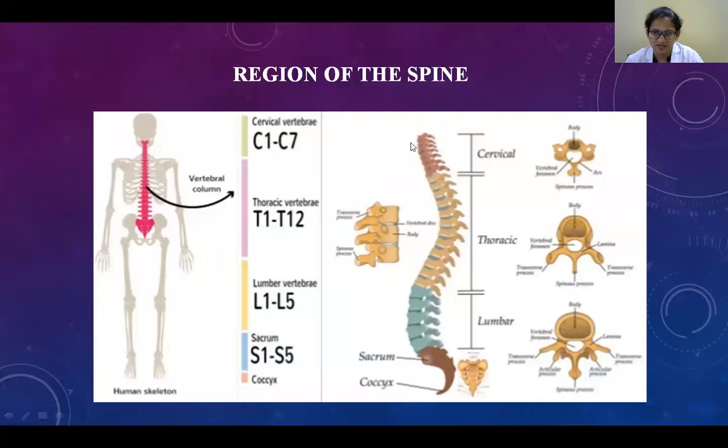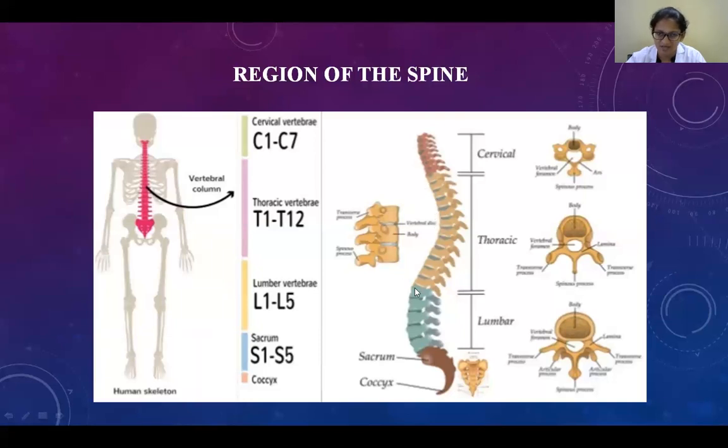Okay. Next, these are the cervical vertebrae, thoracic vertebrae, lumbar vertebrae, and sacral vertebrae. Coming to the curvature, in the primary curvature, which is entirely concave, it is in a C shape, ventrally concave. Whereas in the secondary curvature, in the cervical region, it is ventrally convex. In the thoracic region, it is ventrally concave.